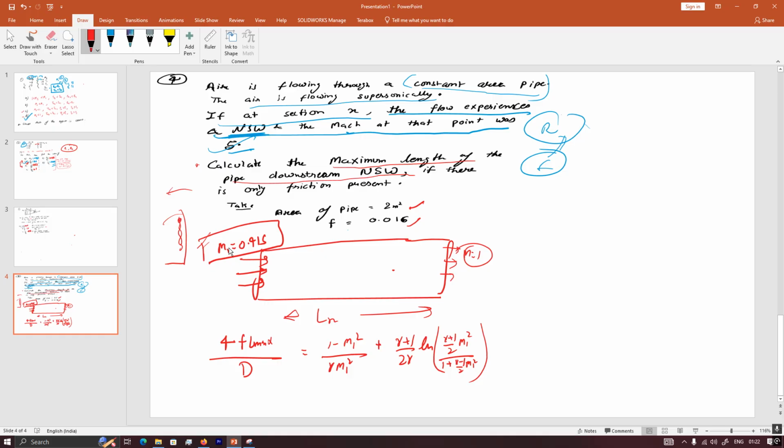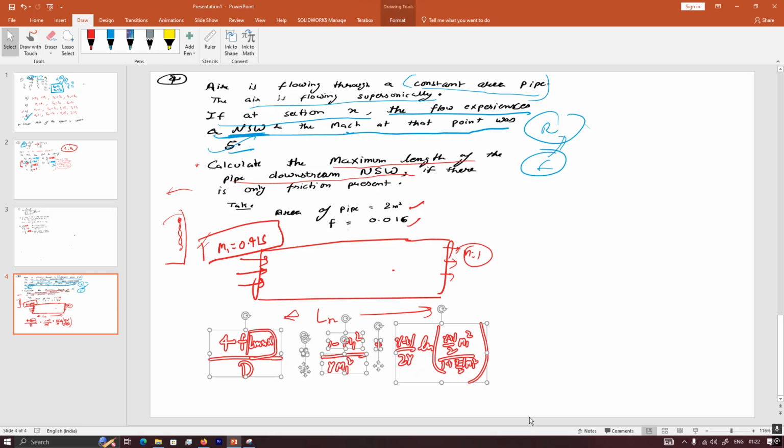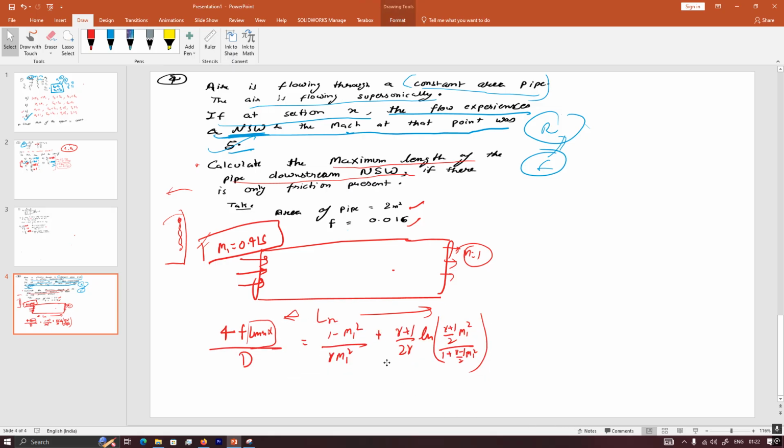It is inside the log. So how I like to solve this is to first solve what is inside the log, then take the log of it, then multiply this portion.